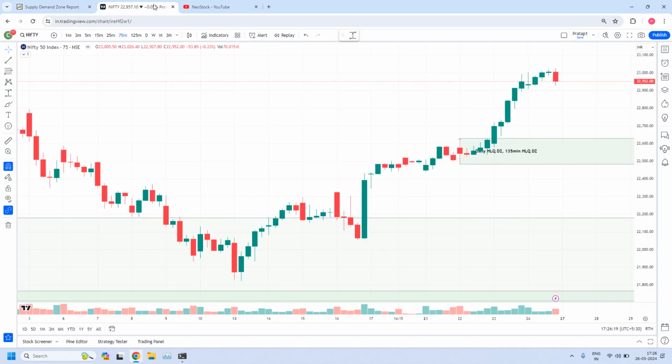23rd 5, 915, this is the candle. A little above the high liquidity daily demand zone, we have a 75 minutes high liquidity demand zone.